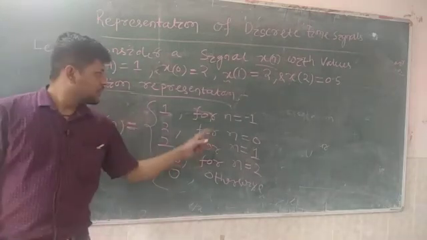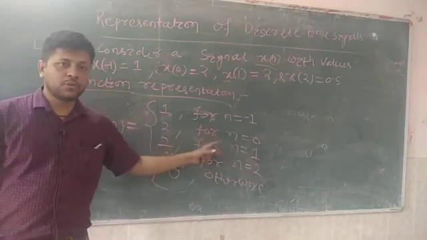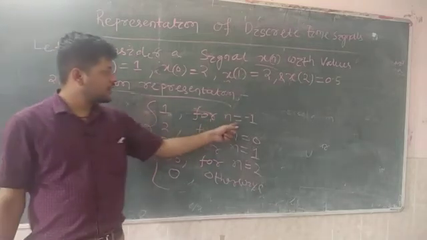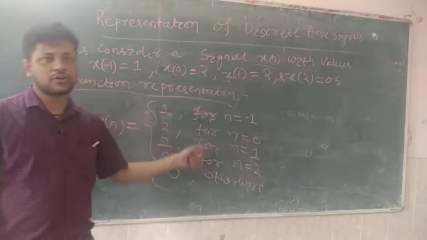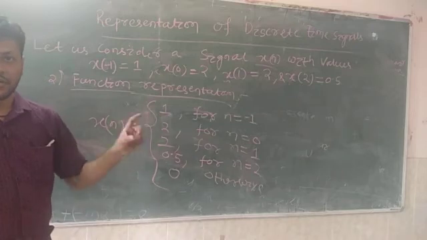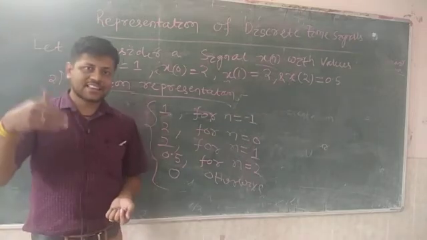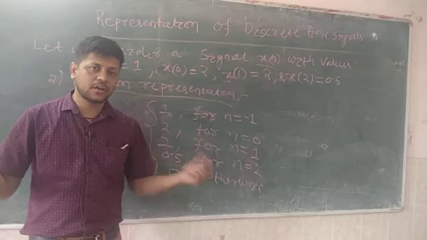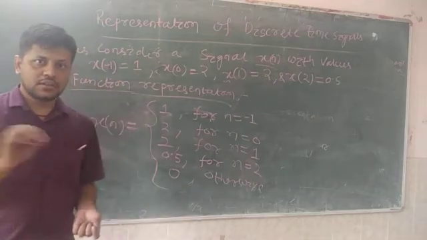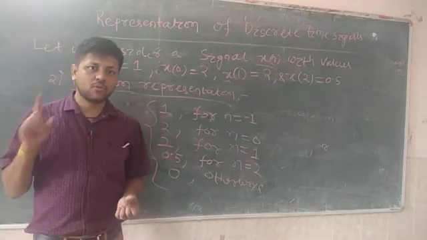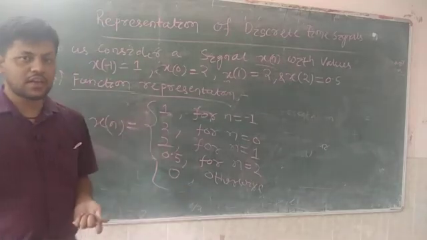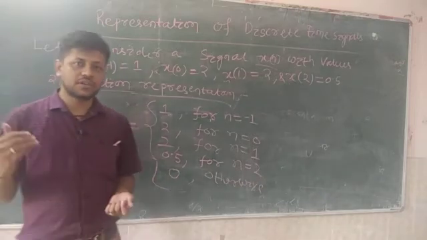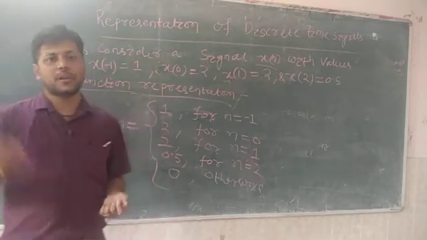If at all they give you a functional representation, we can represent that graphically. Obviously here we can directly see the value for time equal to -1, and from this also we can plot that graph. Always take x n, or function f n, the dependent variable, on the y-axis, and the independent variable here is only time. In this entire syllabus we will deal with one dimensional signal only. In digital image processing, we deal with 2-dimensional or multi-dimensional signals.